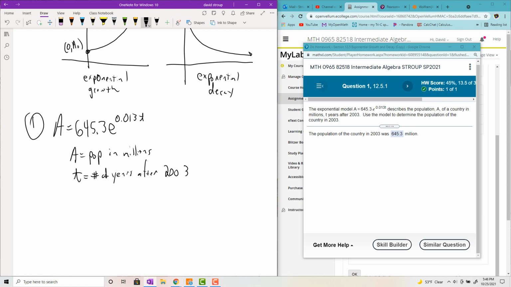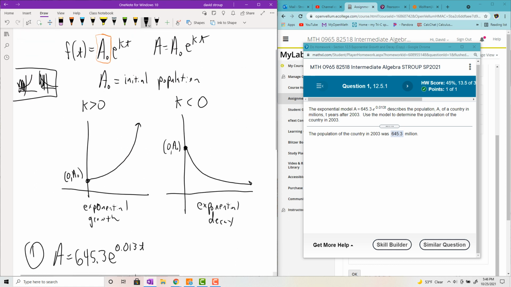I want to know what the population is in 2003, in other words, when t is 0. So A of 0 is 645.3 e to the 0.013 times 0, which is e to the 0, and anything to the 0th power is just 1. So I have 645 million people in the country in 2003.